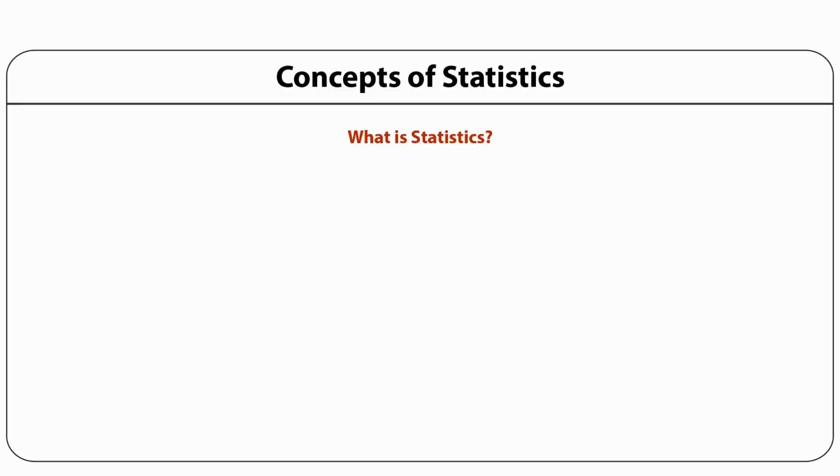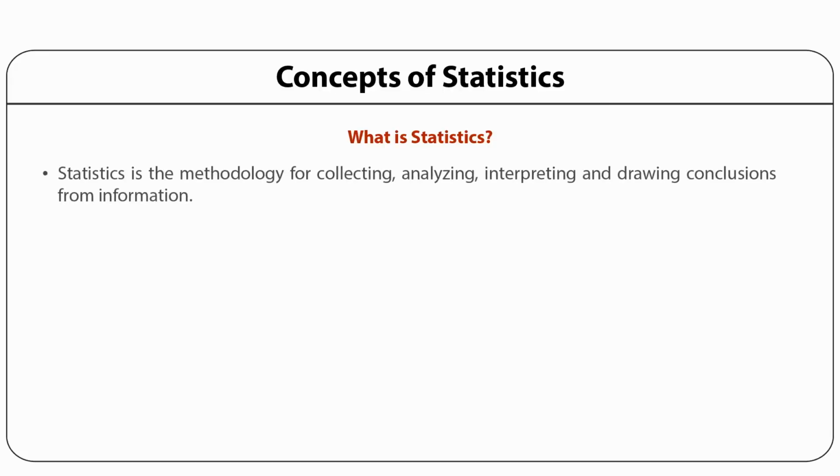Now I will tell you in brief the concept of statistics, because whenever you apply statistics, there are certain things you should remember. Basics of any statistics book will be of great help to understand much better. Statistics is a methodology for collecting, analyzing, interpreting, and drawing conclusions from information.